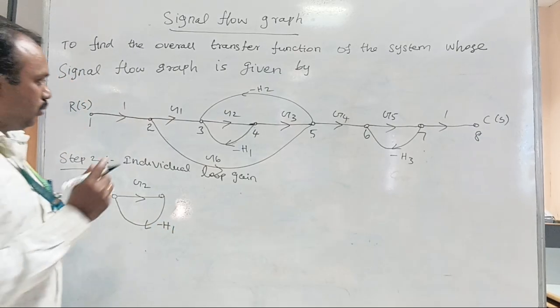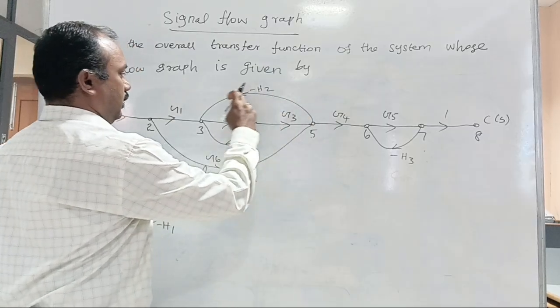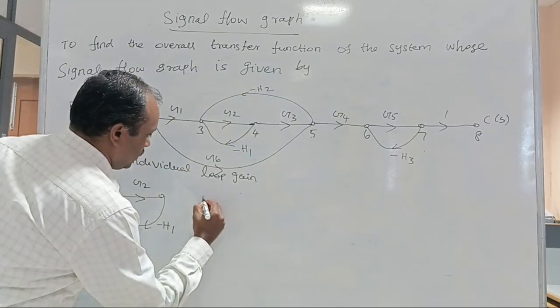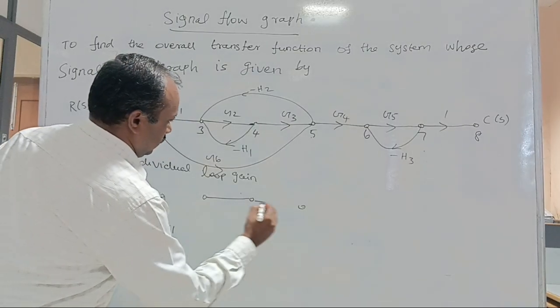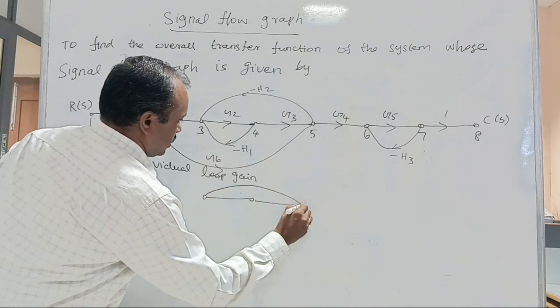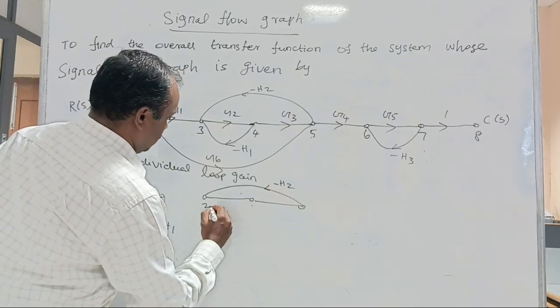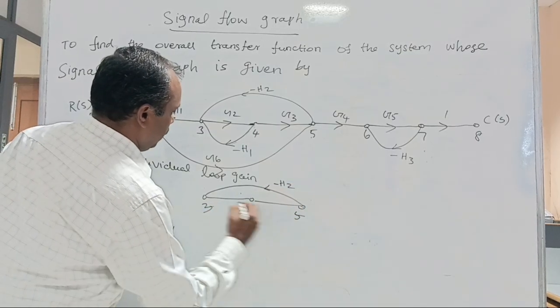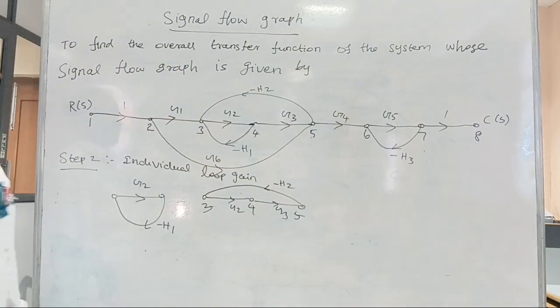Then the second loop is 3, 4, 5, again 3, with feedback minus H2, and gain G2 and G3. This is the second loop.